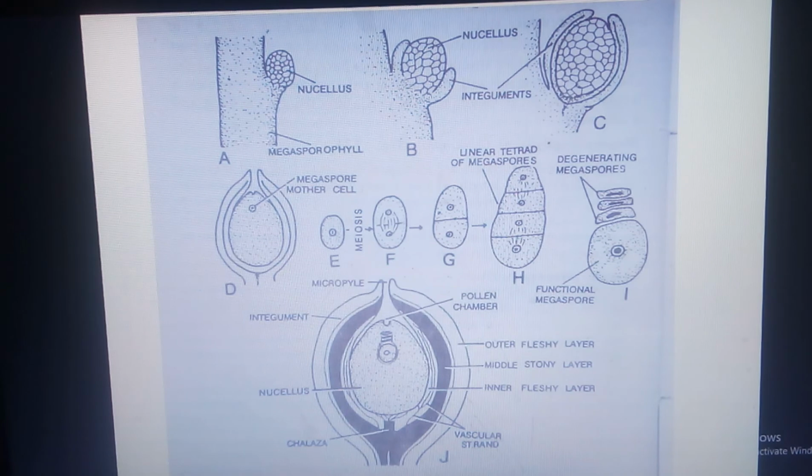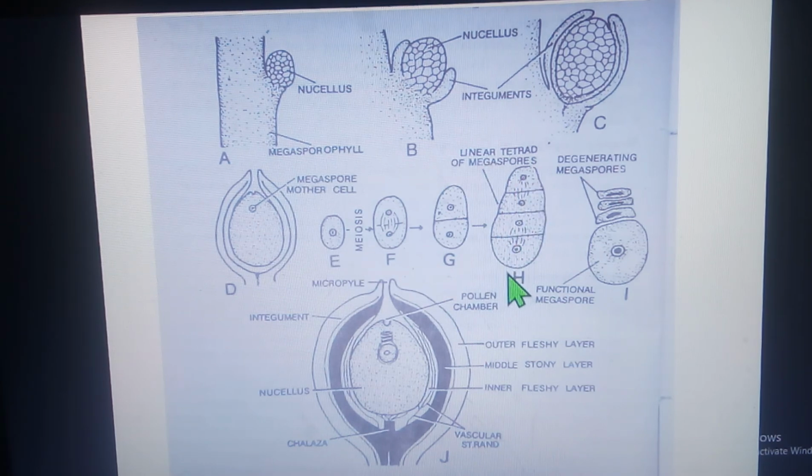Next, this megaspore mother cell will elongate and divide by meiosis to give rise to a linear tetrad of 4 megaspores.